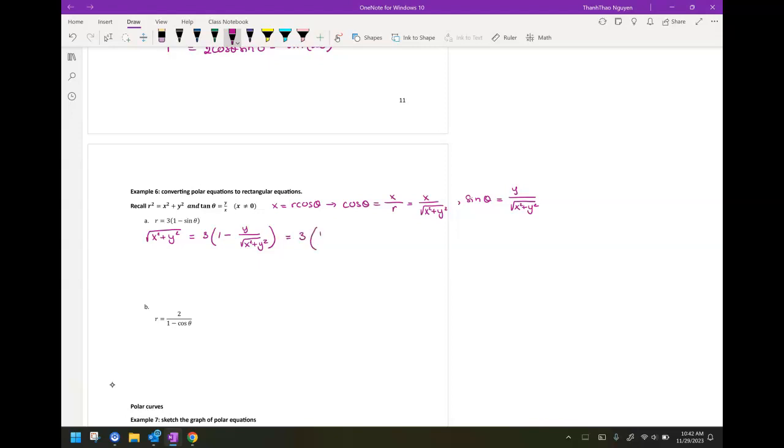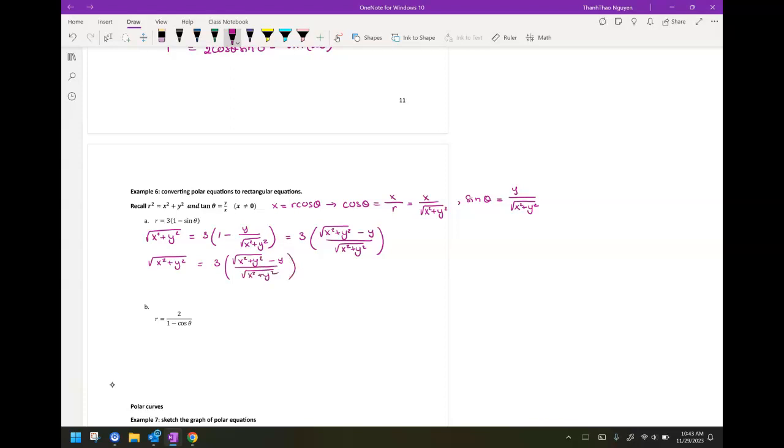So that is 3 times square root of x squared plus y squared minus y divided by root of x squared plus y squared. So root of x squared plus y squared equal 3 times square root of x squared plus y squared minus y divided by root of x squared plus y squared.